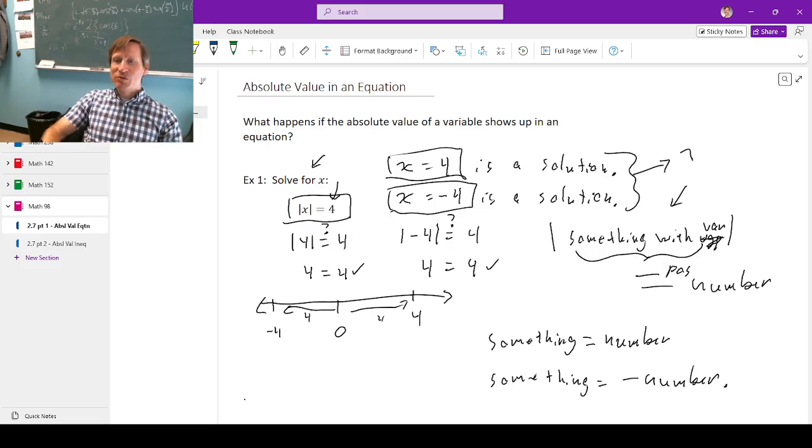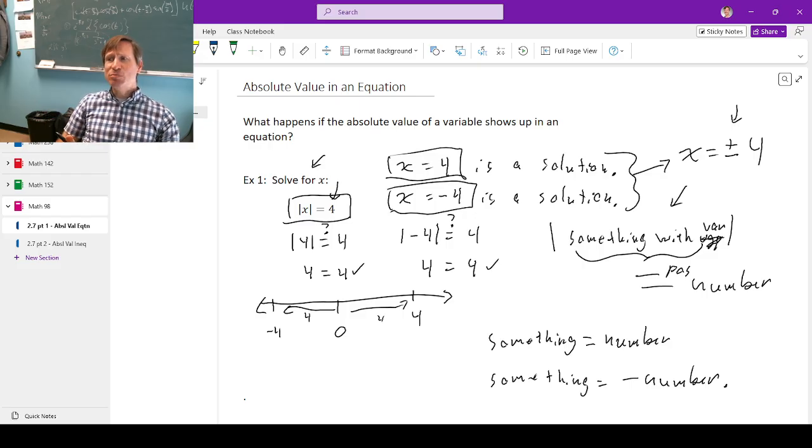And so some people will write that the solution is x equals plus or minus 4. They'll use this plus or minus symbol just to indicate that x could be plus 4 or minus 4. That's an okay thing to do, but you do want to keep in mind that we are writing down two different numbers for a solution if we use this abbreviation.